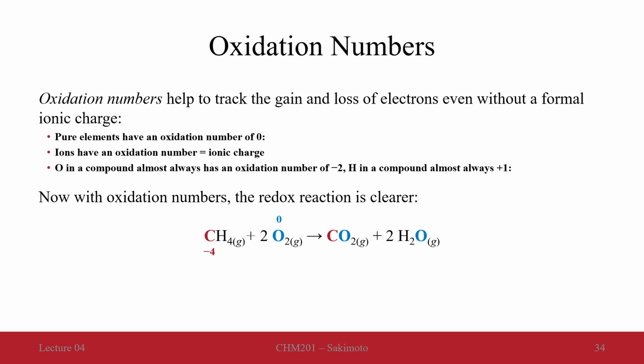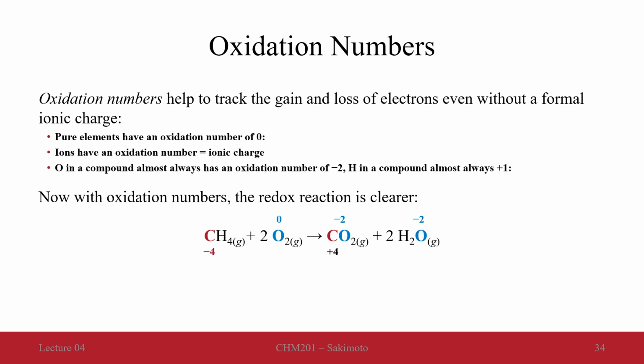This oxygen, being equal, non-polar in nature, has a 0 oxidation number, an even sharing, no net electrons gained or lost. This carbon, now bonded to oxygen, flips around the other way. This carbon has a +4 oxidation number, reflecting that it's bonded to the 2 oxygen atoms, each being more electronegative, holding on to those electrons within that shared polar covalent bond.